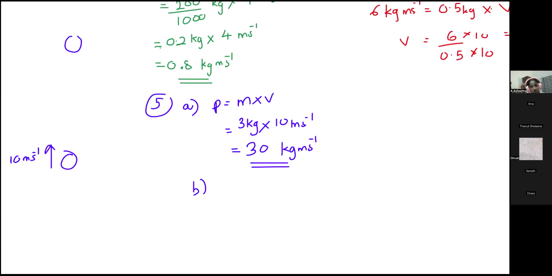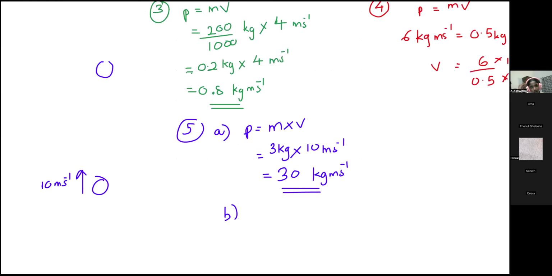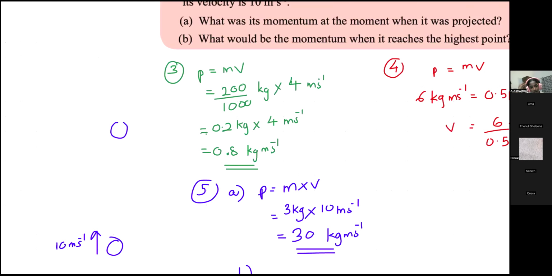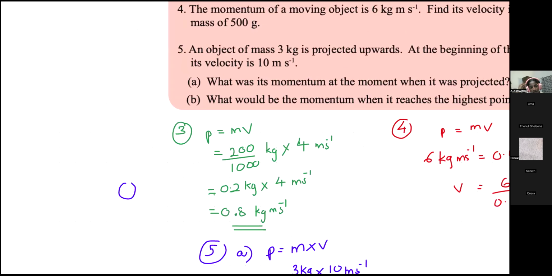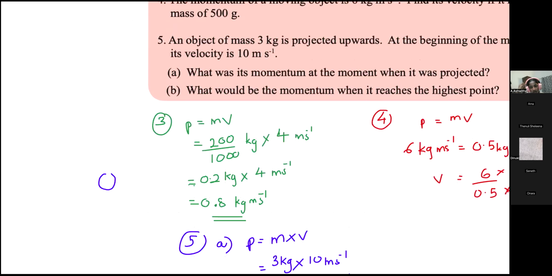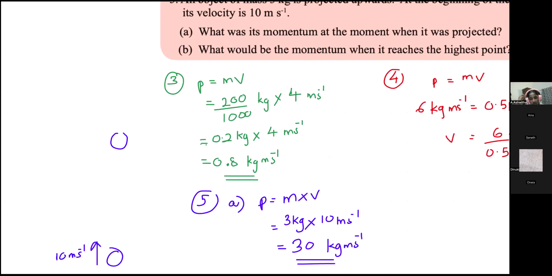Teacher, 3 kilograms ms minus 1. No. The reason is when the object is projected upwards, what would be the momentum when it reaches the highest point, right? එයා කොතන හරි ගිහිලා නවතින්නේ එයාගේ velocity 0 ms minus 1 වෙන තැනනේ. Do you get it? 0 kg ms minus 1.